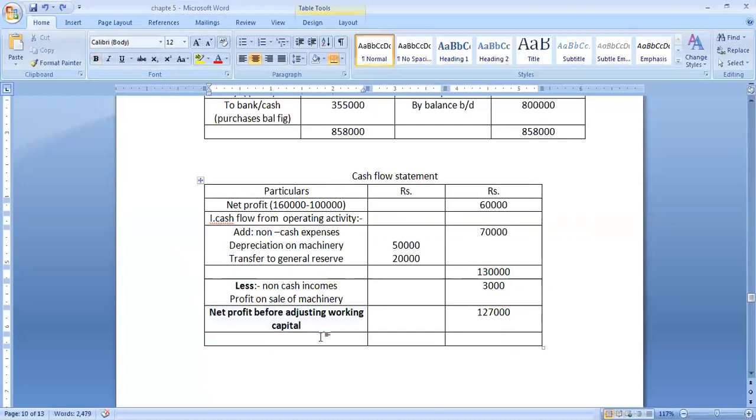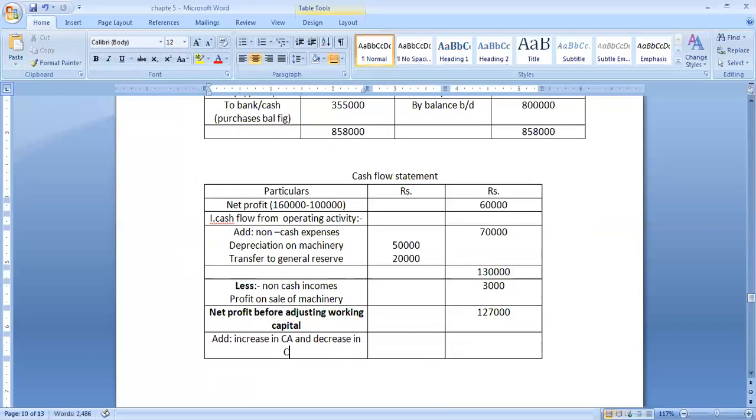So here you will add increase in current assets and decrease in current liability will be reduced.